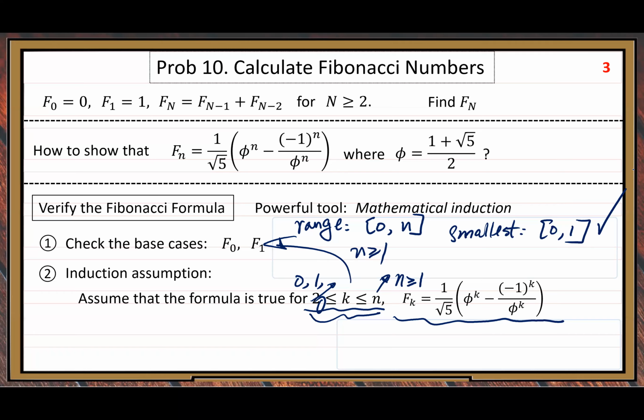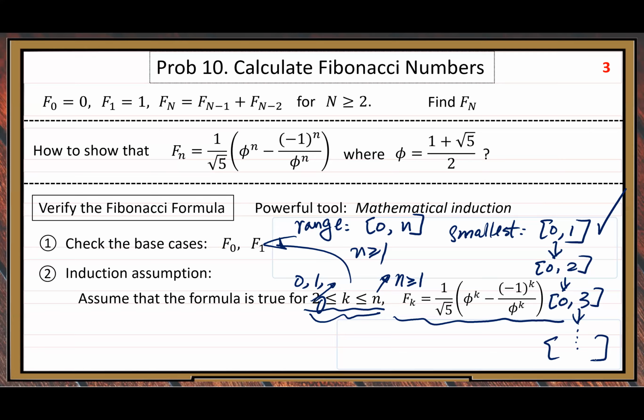So our plan is to move this range from 0 to 2, then enlarge this range. Keep enlarging the range. Eventually, our range covers all the natural numbers.